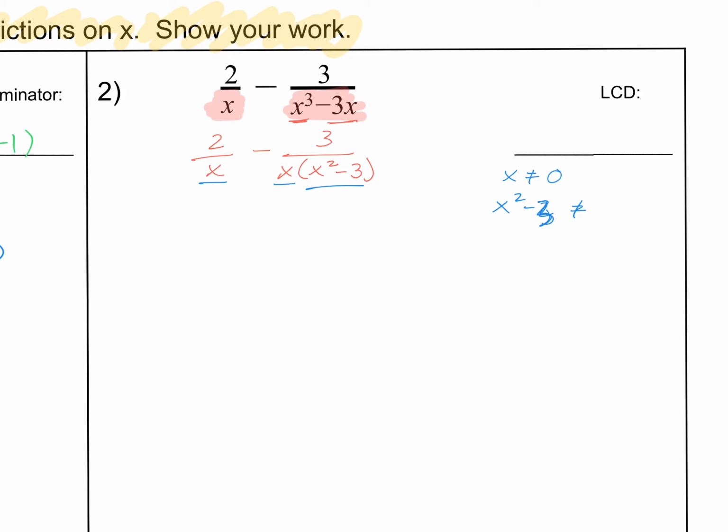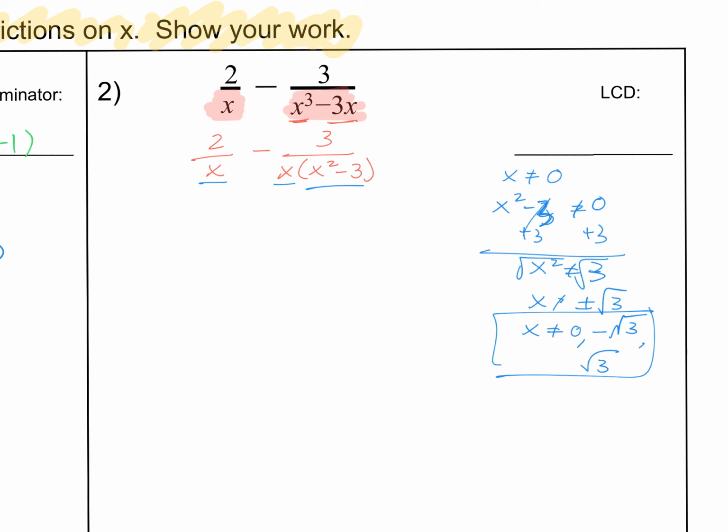So x squared minus 3 can't equal 0. If I add 3 on both sides, x squared can't equal 3. Square root both sides, and x cannot equal plus or minus square root of 3. So my restricted values are 0, negative root 3, and positive root 3.